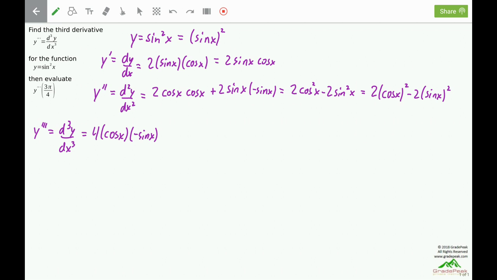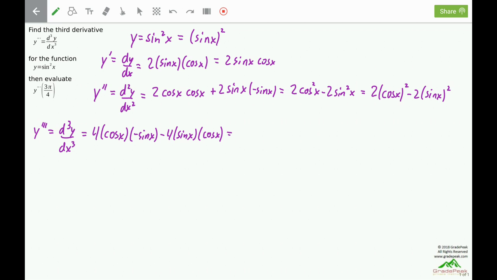And then for the second term, the same thing. We'll bring the 2 down, multiply with the negative 2, so we'll have negative 4, leave the inside alone, subtract 1 from the power, it will be to a power of 1, and then multiply by the derivative of the inside to give us cosine x to complete the chain rule.